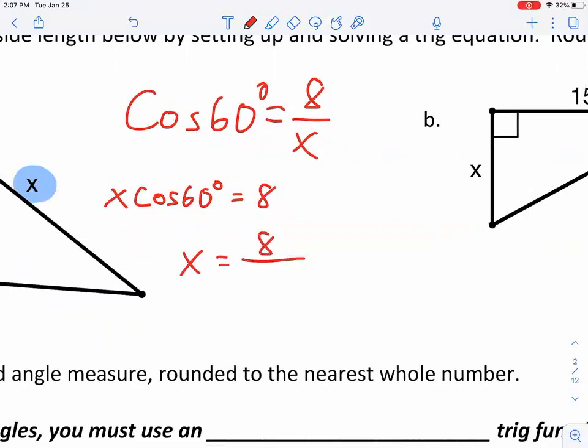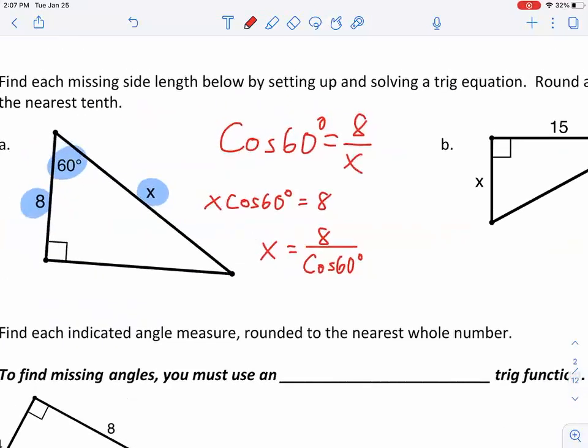So x is equal to 8 divided by the cosine of 60 degrees. Now I'm going to use my calculator, but I'll let you guys get caught up here. Again, I multiply both sides by x, and then I divide both sides by cosine of 60. So x equals 8 divided by cosine of 60.